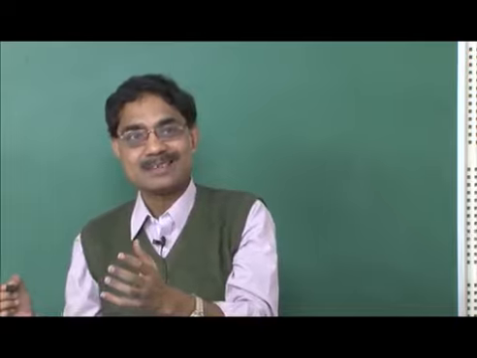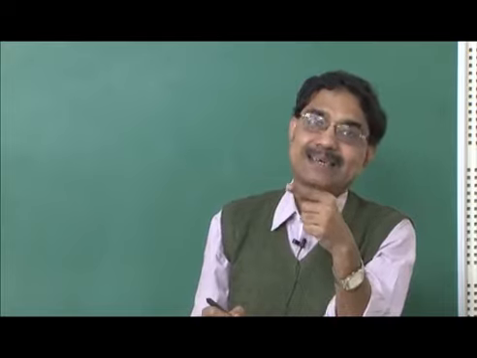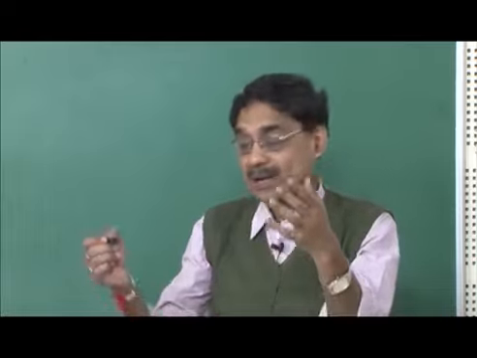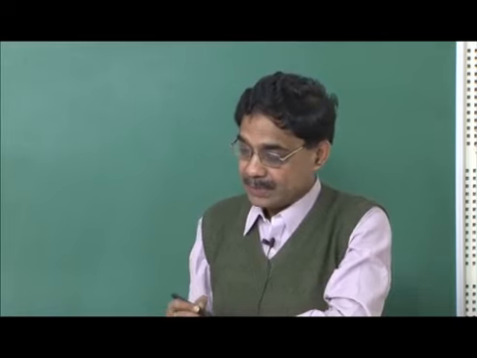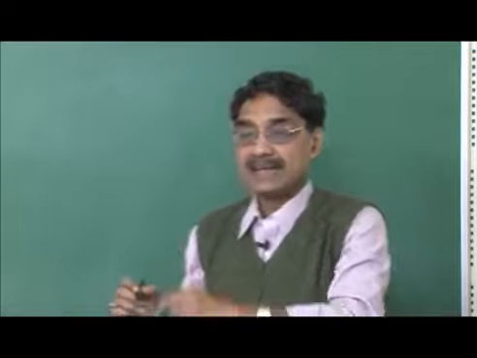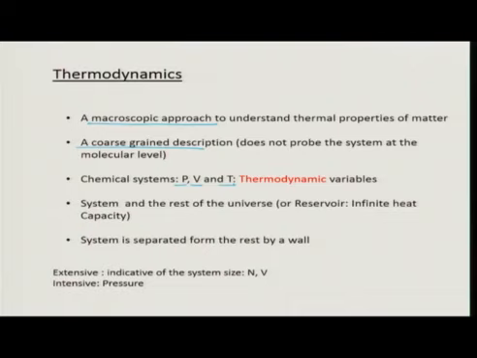Similarly, thermodynamics will have its own definition of temperature, but it will be again connected to experimentally observed temperature in absolute or Kelvin scale, which I introduced in the very beginning of this set of lectures. So, it is a coarse grained description, does not probe the system at the molecular level. We do not care what is happening at the molecular level, and that is why I call it a macroscopic approach. So, PVT, these I will call thermodynamic variables.